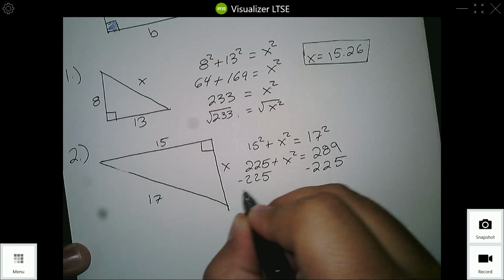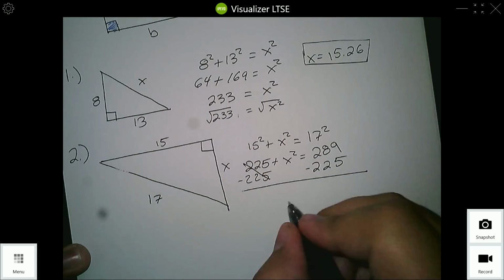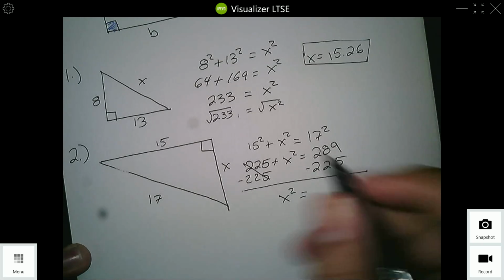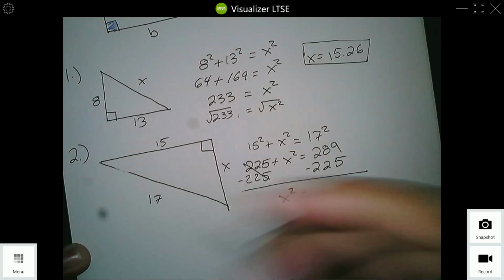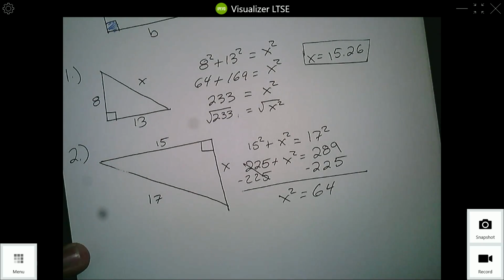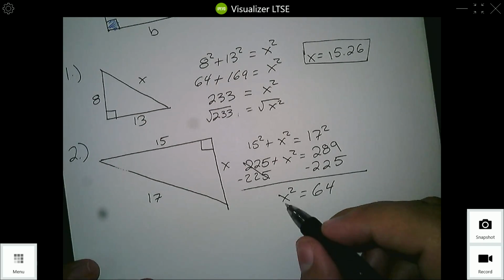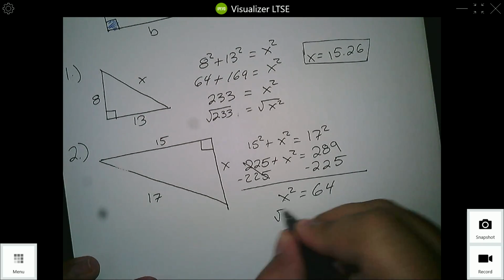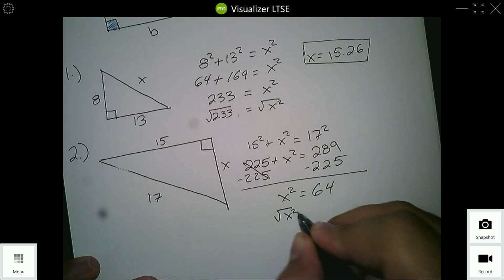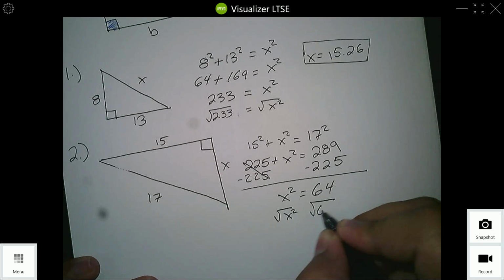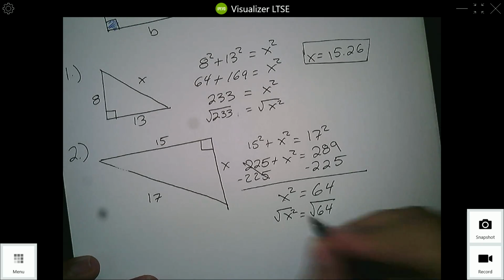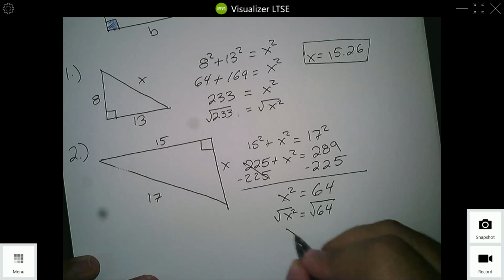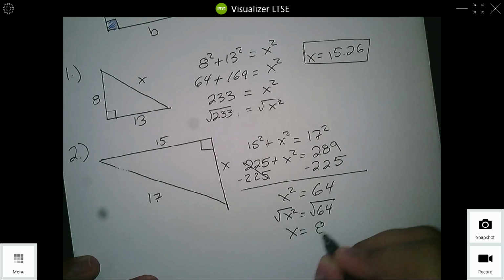And we're left with x squared is equal to 64. Once again, we want to solve for a single x value, so we take the square root of both sides, and we end up getting x is equal to 8.